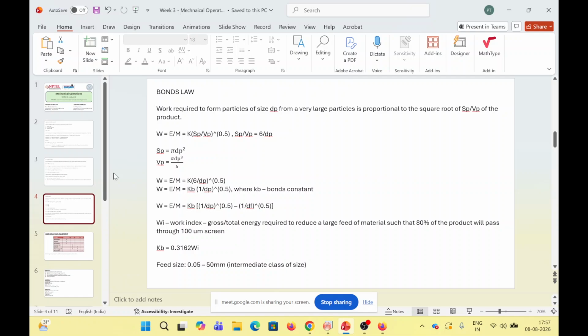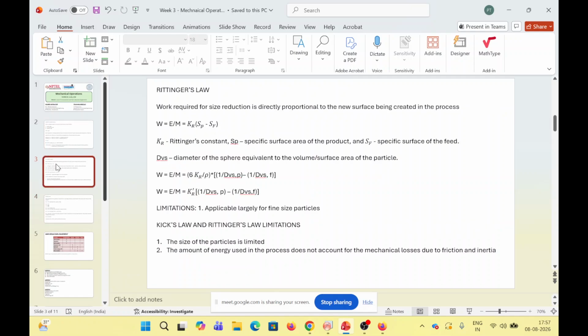But why did I write 6 by rho times d_BSP? Here it is d_P, the diameter of the particle. There it is d_BS, which is nothing but the equivalent spherical diameter, and that equivalent relationship is between the surface area to the volume ratio. But how did I express S_P as 6 by rho d_BSP? Anyone?